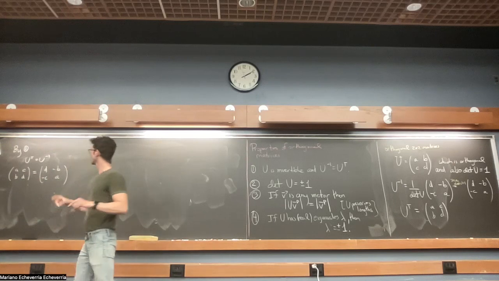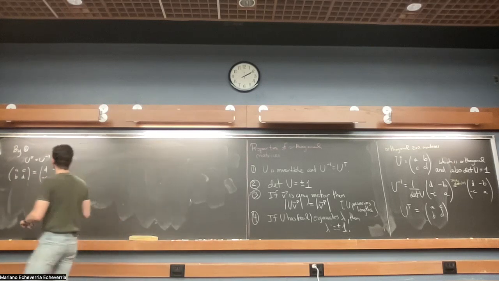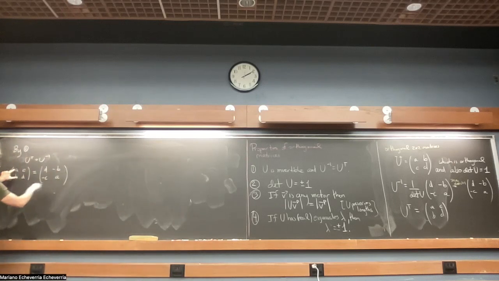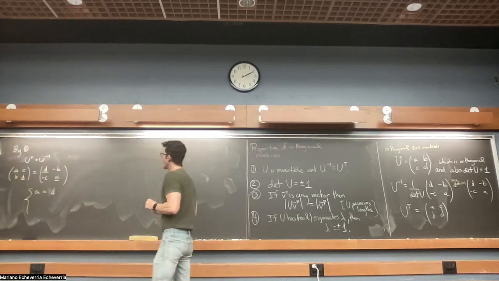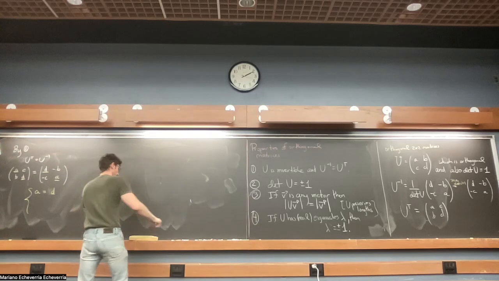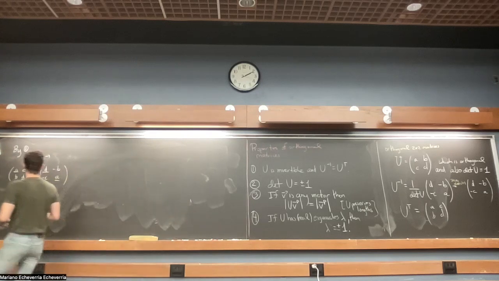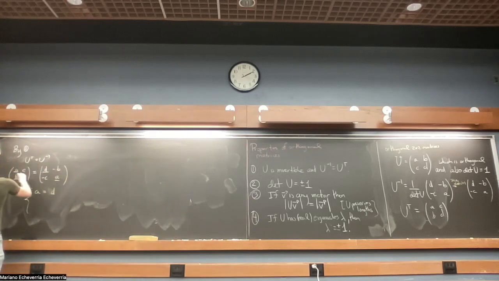So if you compare the entries among the matrices, if you look at the first and fourth entries, they tell you the same information. The first and fourth entries just tell you that A equals D, right? That makes sense? And the second and third, they give you that B equals negative C, right?